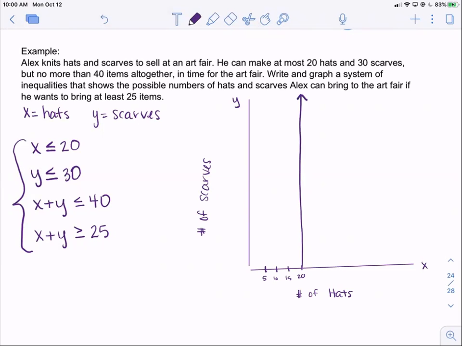So for y is less than or equal to 30, what are we going to have? A horizontal line. So up to 30, and we have our horizontal line.